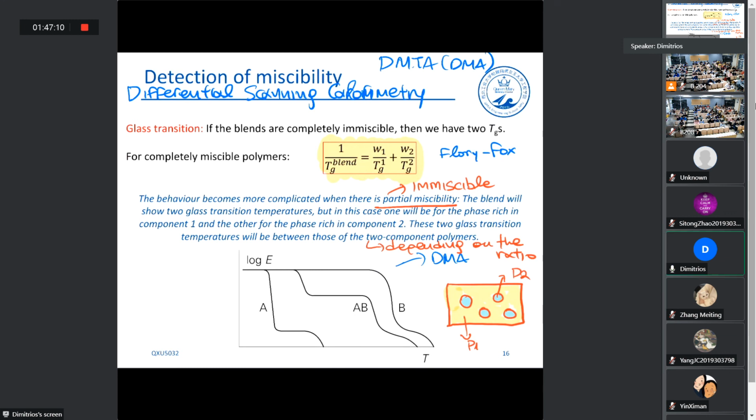For a partially miscible material, we have good interfacial adhesion between the polymers, okay? So the blend behaves like a good composite blend. So in this case, we have good interfacial adhesion.